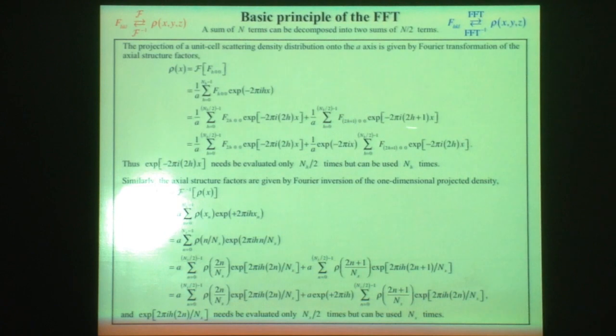That comes out of this expression. And then what we're left with is an exponent in each of the sums, which is of the same form. Minus 2 pi i even h times x. So once we compute this quantity for a given value of h and x, we compute it once, we can use it twice. Okay, so there's a savings of half.